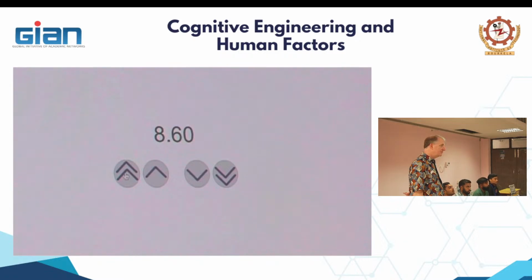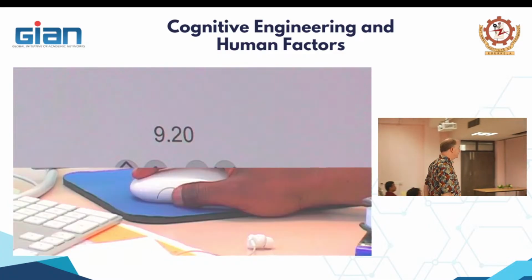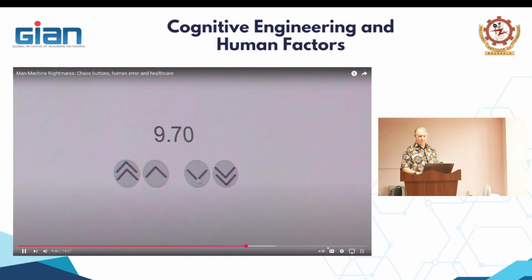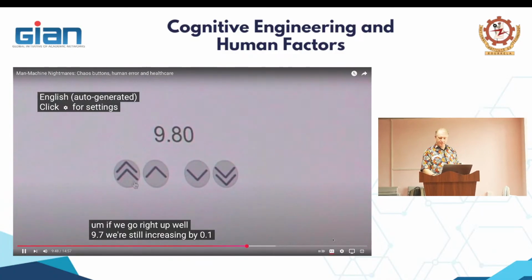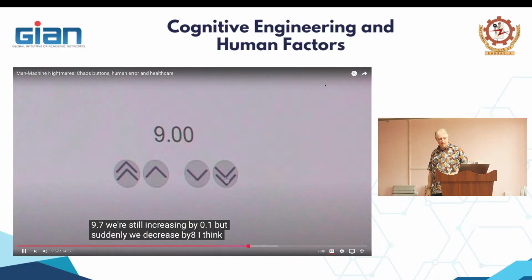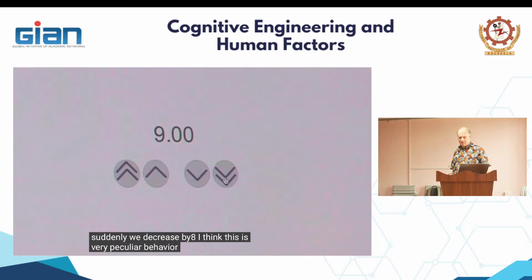Going right up, 9.7, we're still increasing by 0.1, but suddenly we decrease by 0.8. I think this is very peculiar behavior.